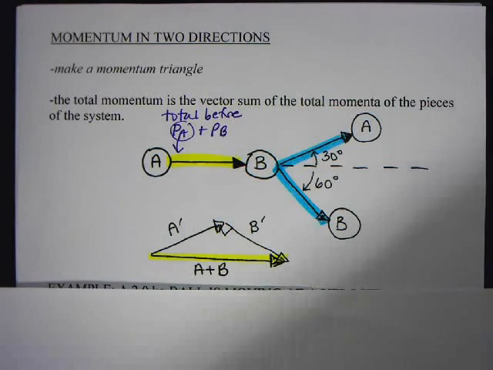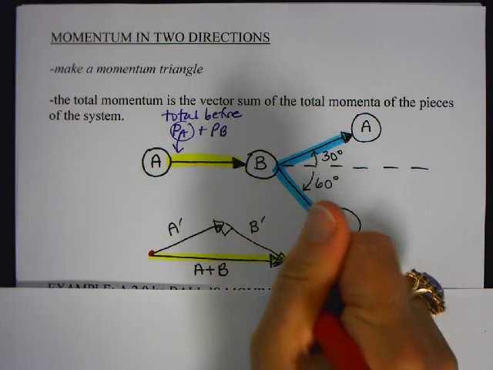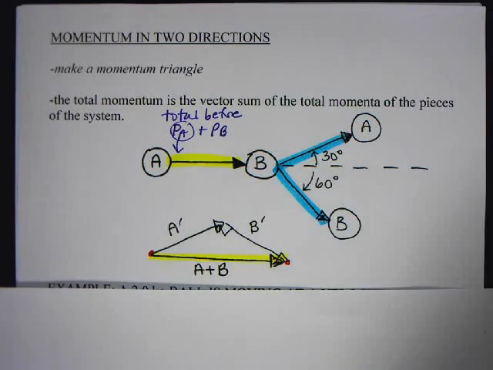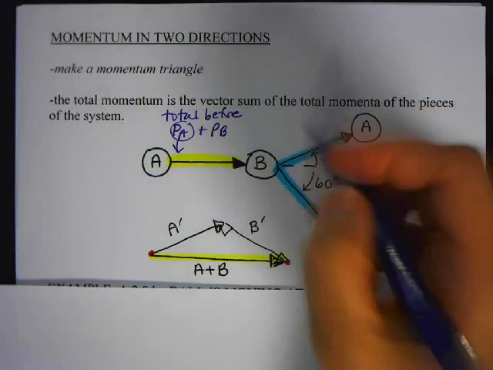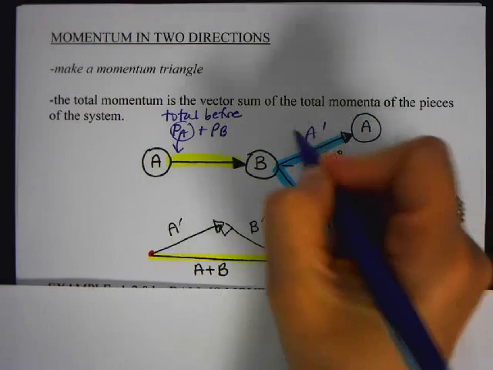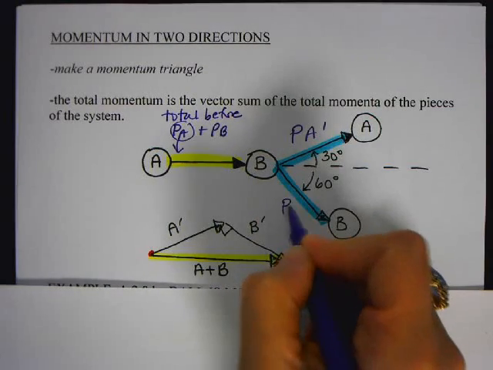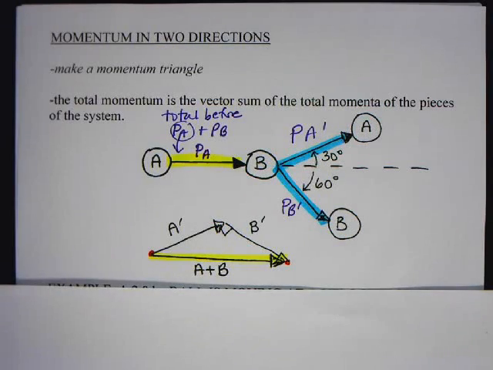Remember, here's my starting point, and here's my end point. This vector here represents PA prime, this vector represents PB prime, and the vector here represents PA.